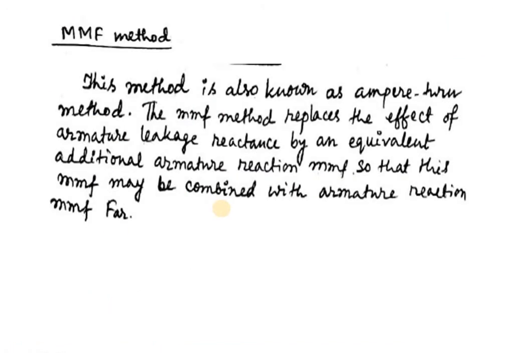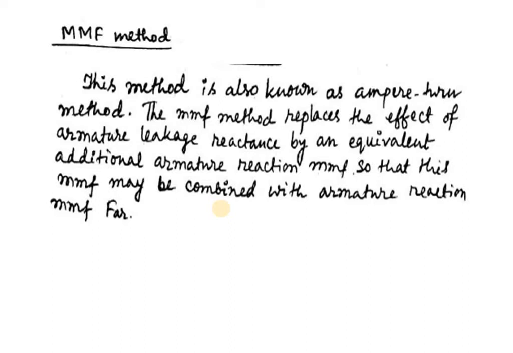Today, we will discuss the MMF method, or magnetomotive force method. Basically, this method is known as the ampere turn method. The synchronous impedance method is based on the concept of replacing the effect of armature reaction by a fictitious reactance.